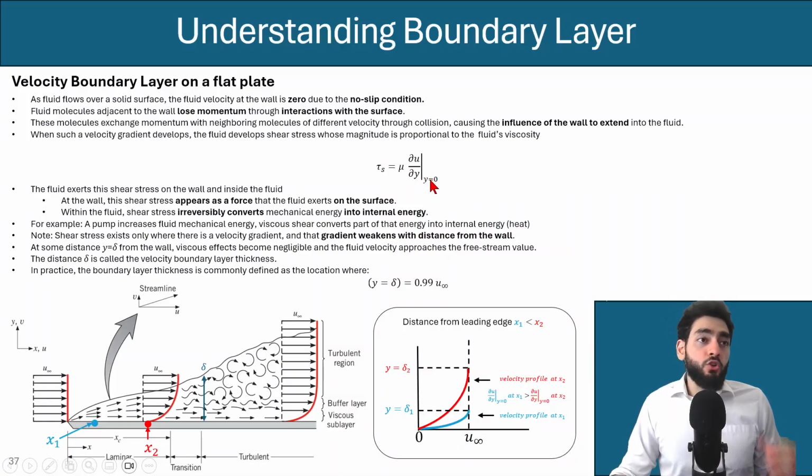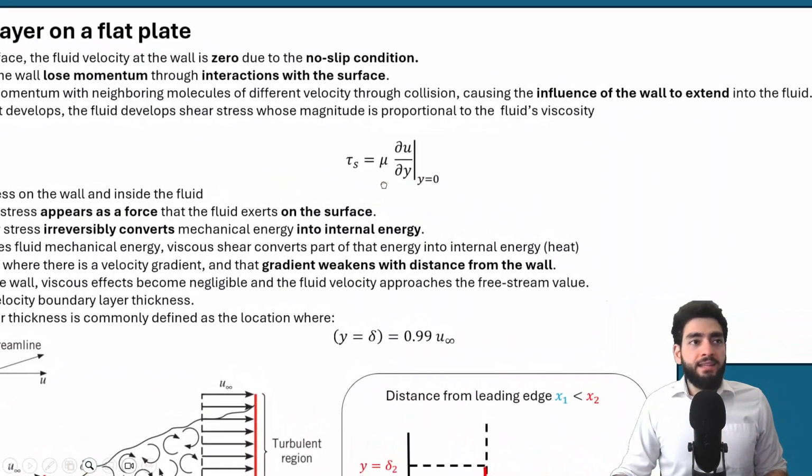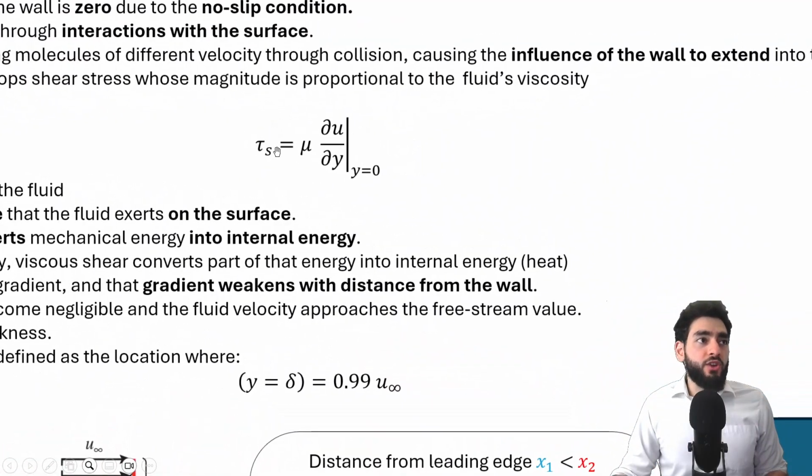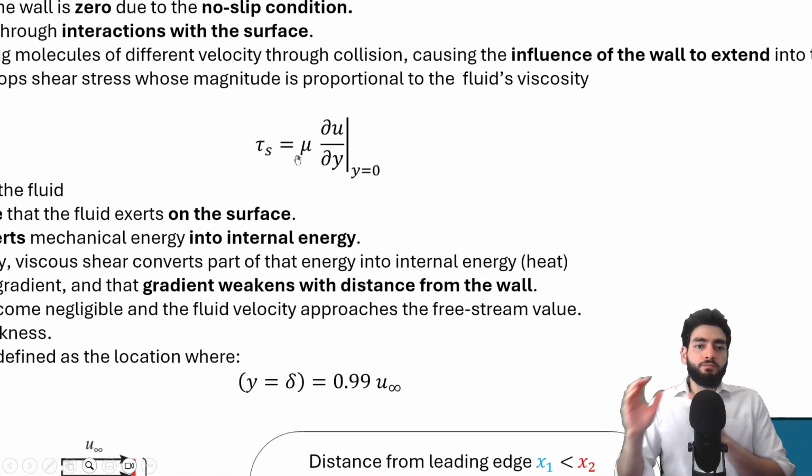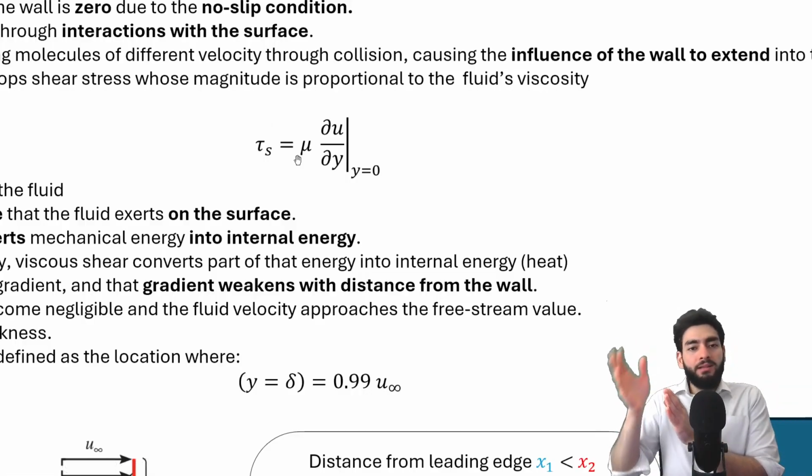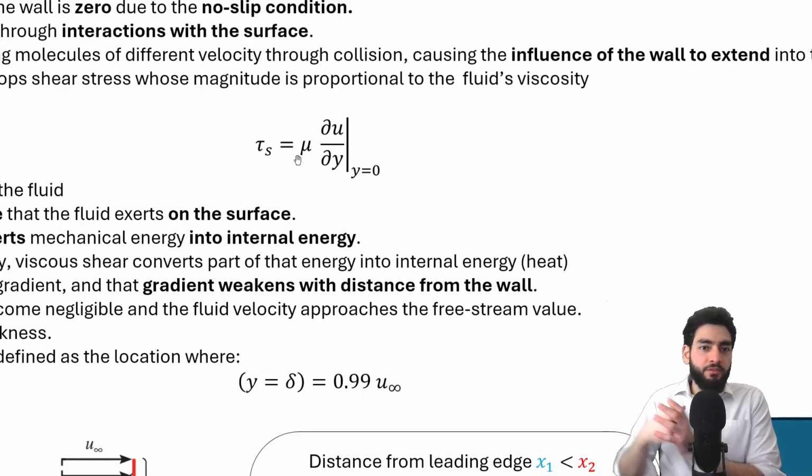Now, this equation shows you how you can quantify the shear stress, and it essentially tells you that shear stress is equal to the viscosity multiplied by the gradient of the velocity evaluated at the surface, essentially.